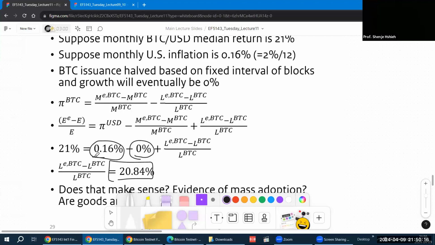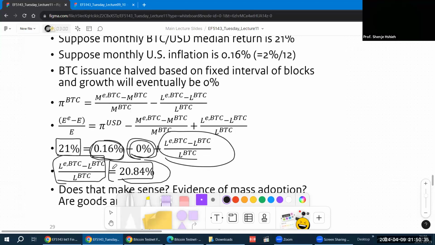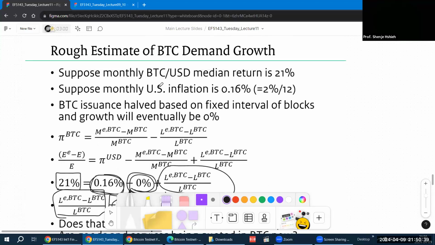So I apologize, the numbers don't make sense, but it shouldn't be as astronomical as 20%. Based on the returns that you observe, based on the inflation rate of the US dollar, based on the inflation rate of Bitcoin, based on money demand for BTC, do you expect the BTC demand to be 20% per month, right? It's just absurd, right? This is a monthly, I believe, yeah, monthly return.